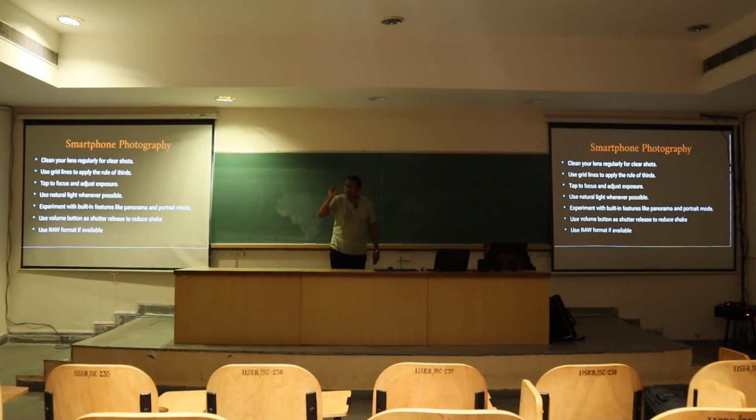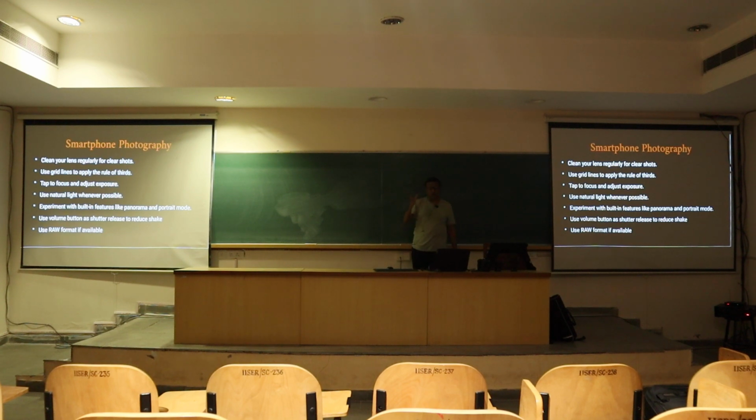And you'll induce shake. When you take a photograph with a camera, how do you hold it? You always hold it like this, or like this. But every time you'll see one of your fingers is always near a volume button. So use it as a shutter rather than tapping on the screen.